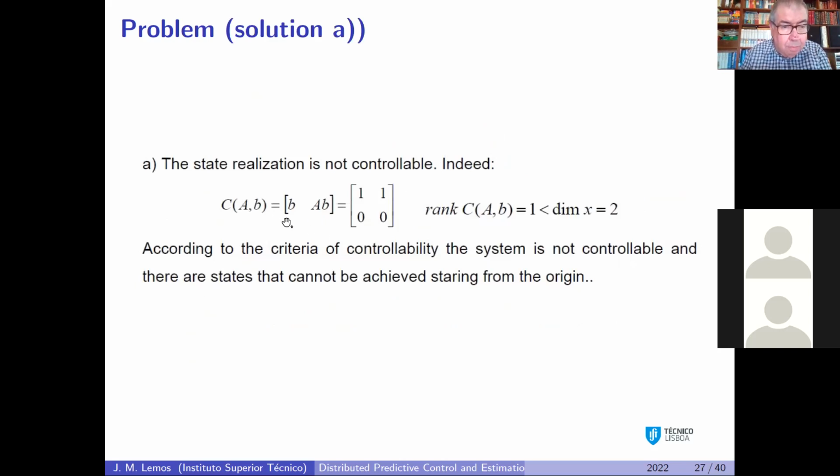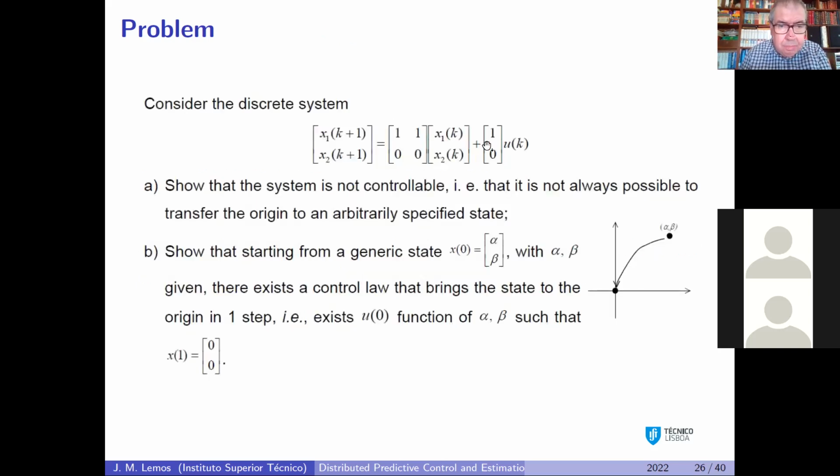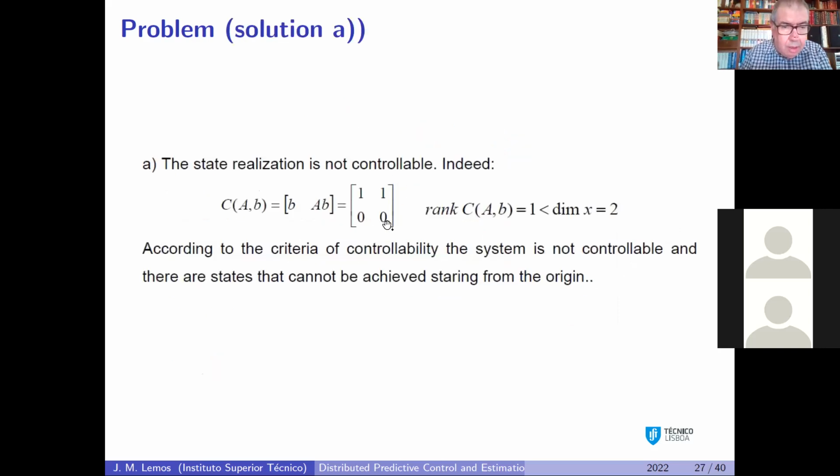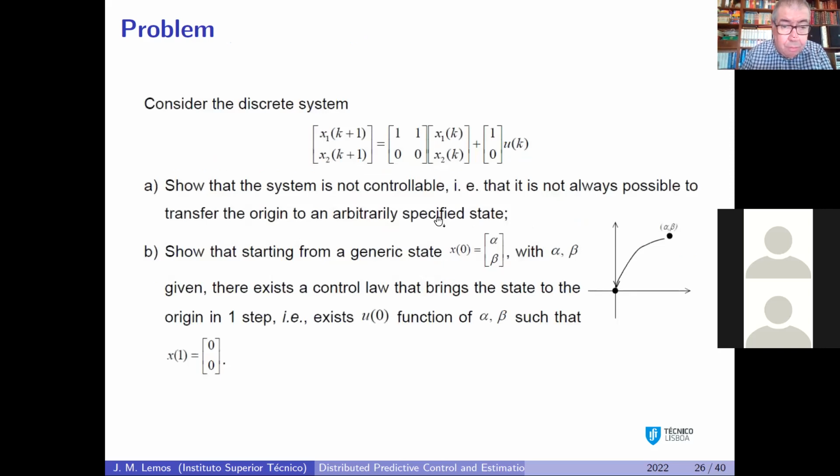Okay, so I compute B and AB, with this B being (1,0) and this AB being (1,0)... and I see the rank is just 1. So the rank of the controllability matrix is 1, smaller than the dimension of the state, 2. So this is not controllable. That is to say, from the origin, there are points that you cannot reach.